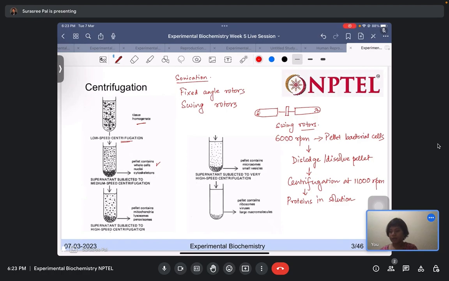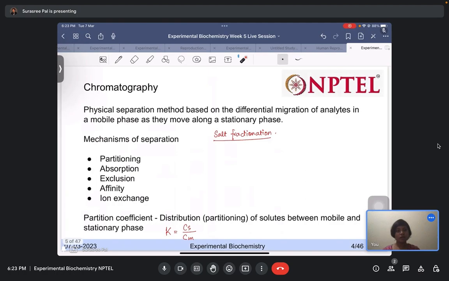Now when we get these proteins in solution, we need to subject this solution to chromatography to separate our protein of interest from the rest of the proteins. So the next step is chromatography.